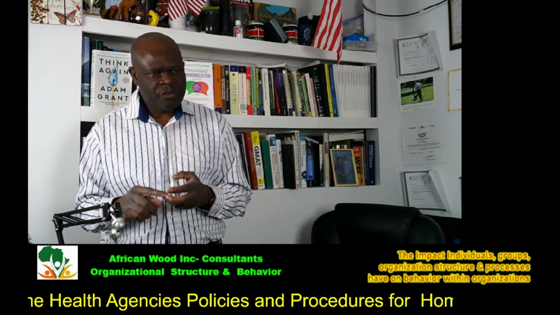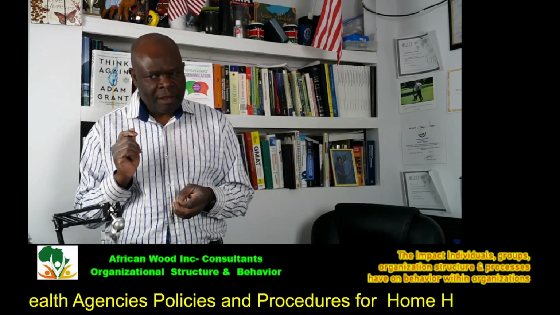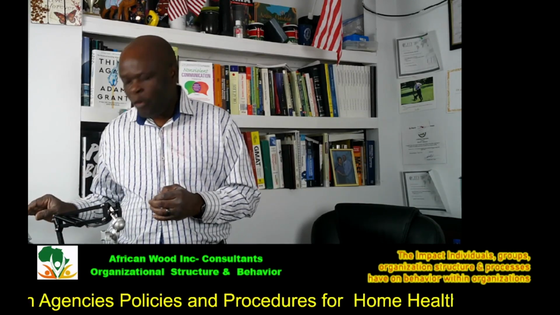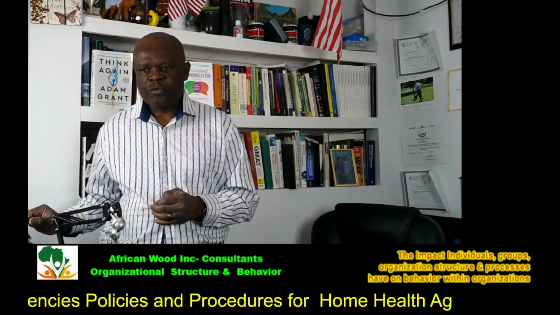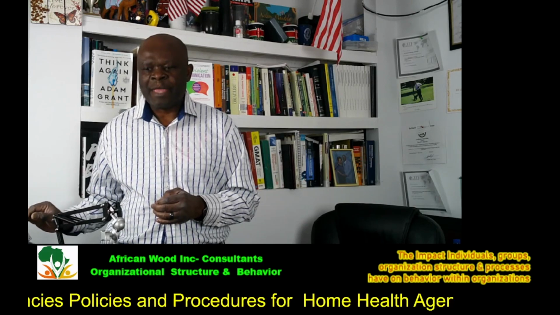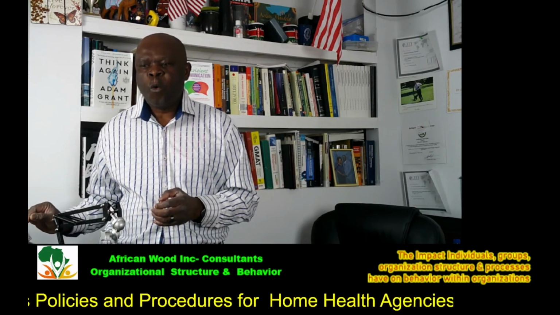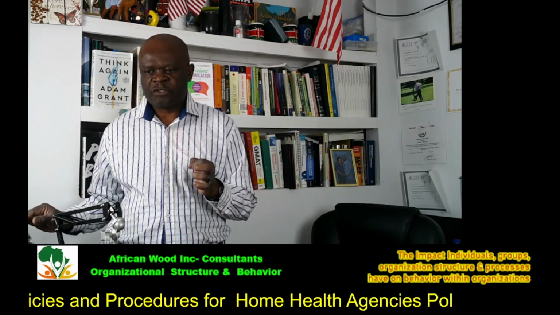The mission, vision, and values is another policy. The services you offer is another policy for all staff, so that they know what you are going to offer and be able to specialize in, and you also attract people who are interested in those kinds of services.